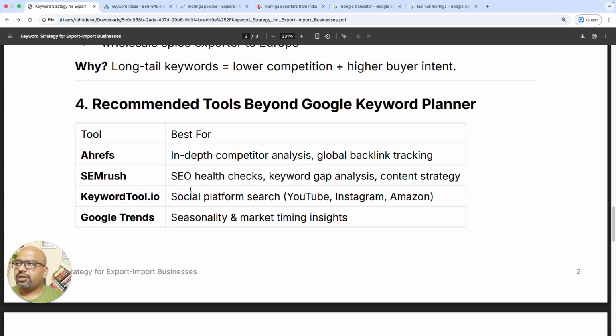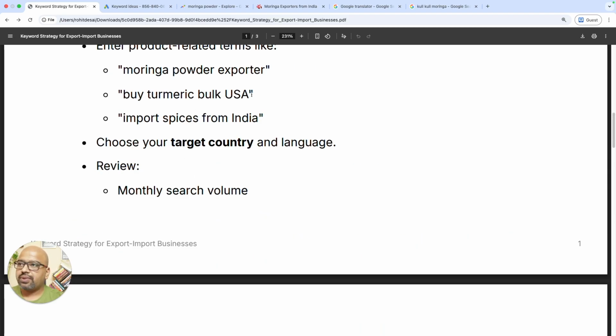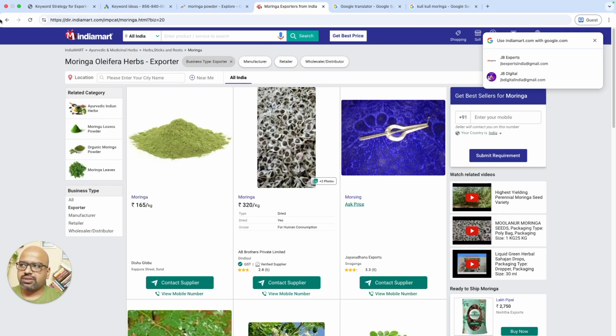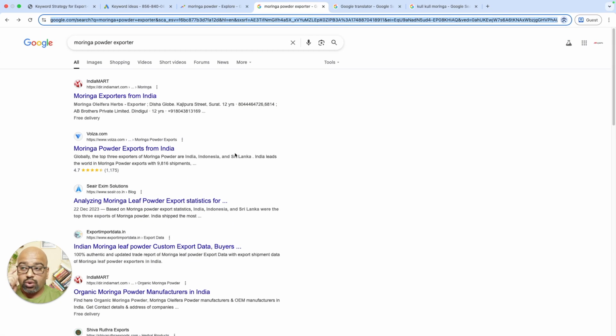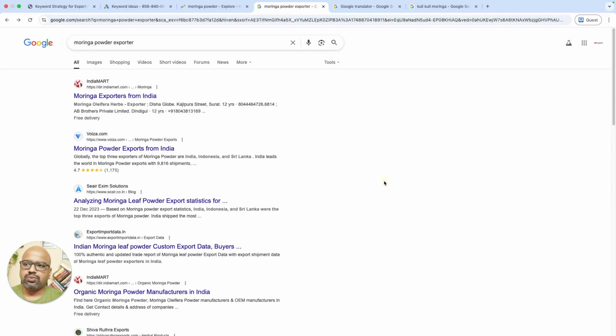Okay. So the next thing here is when you go and search, currently I'm in Bangalore, so my location is up here. But obviously you're not going to sit in your city and say, let me search for my company, is my company ranking or not? No, that's not how things work.